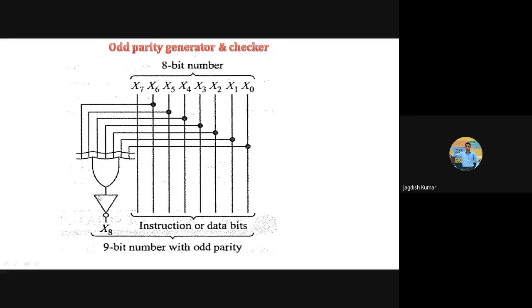For odd parity generator, we have a NOT gate here. So if you want an even parity generator, you remove this NOT gate. That's it. So that is how we can get higher bit parity generator and checker. Now you can also design a parity checker from this kind of circuit. They are very similar to each other.